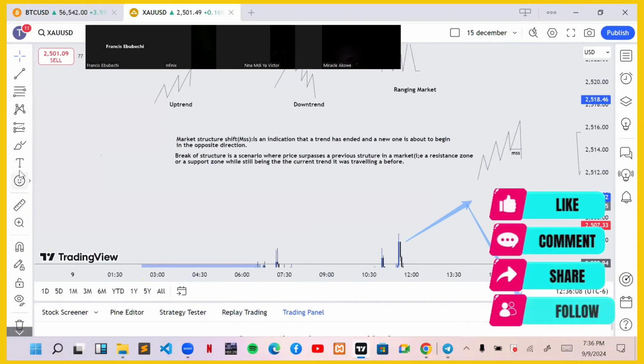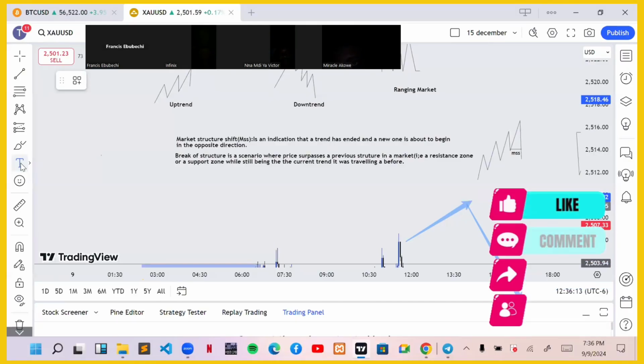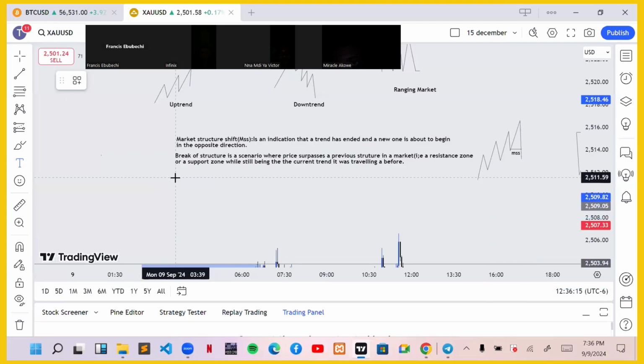So inducement is the first pullback that market makes after there is a break of structure or a market structure shift.